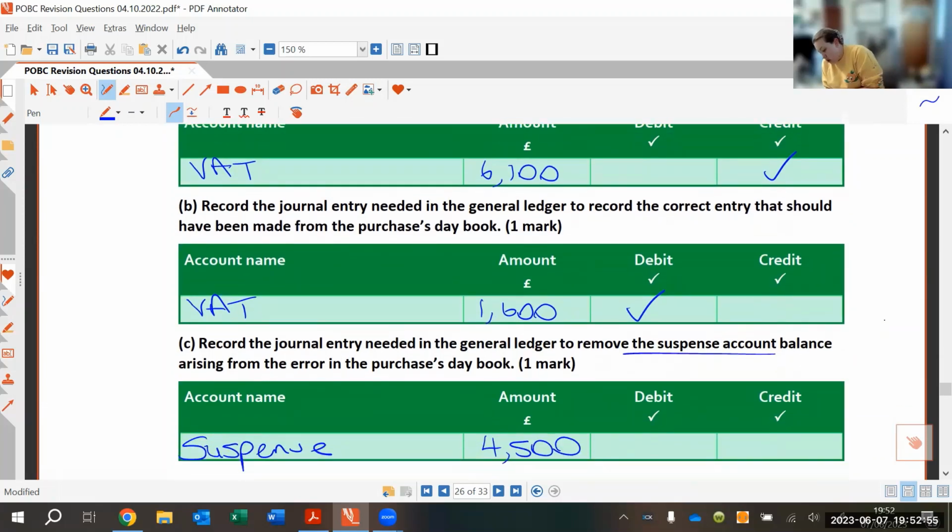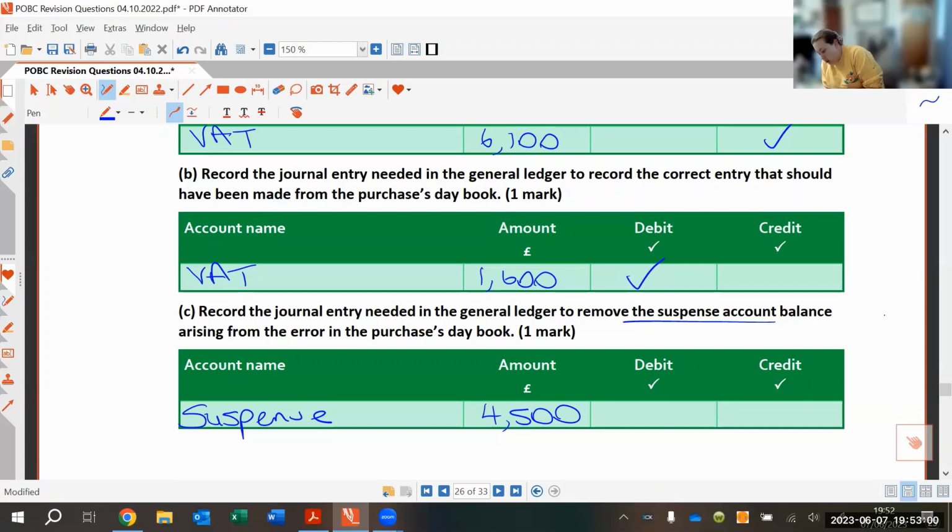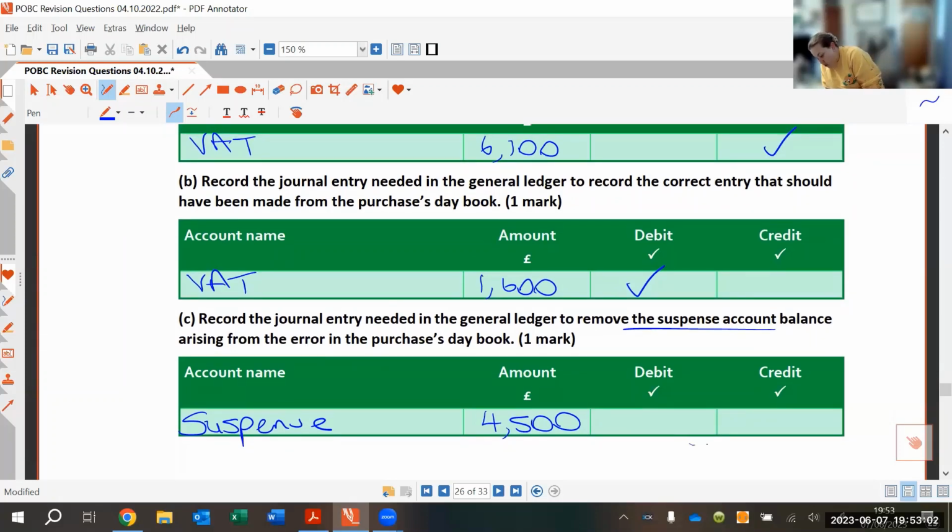We now just need to get our suspense account removed. The easy way to look at this is to look at what you've done previously. At the moment, we've got a credit entry for 6,100 and a debit for 1,600. The journal needs to balance. So where does our suspense entry go?